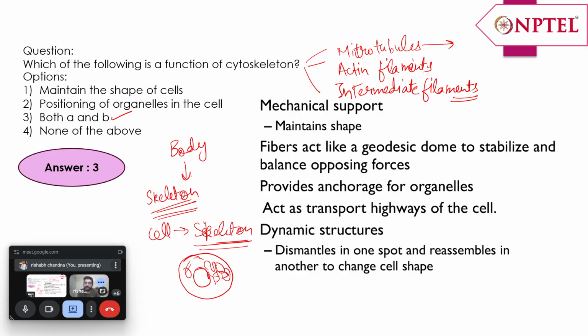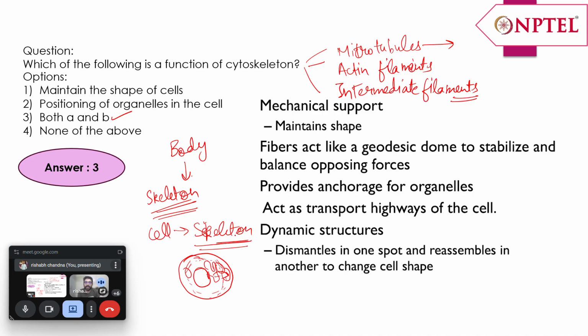That is how it is maintained by the microtubules, to help in the protein transport process, right? Likewise, any other organelle is maintained at a particular place because of the microtubules present inside the cell.